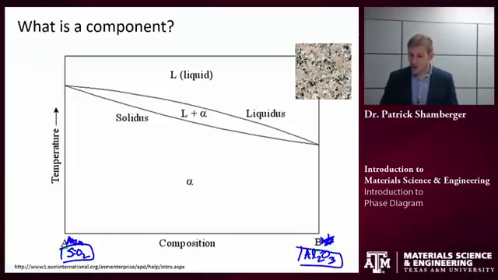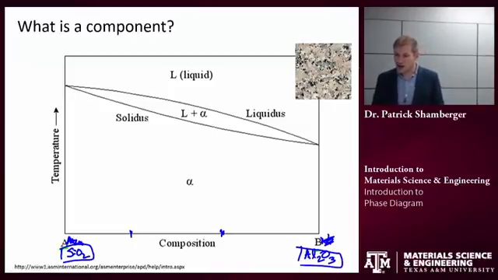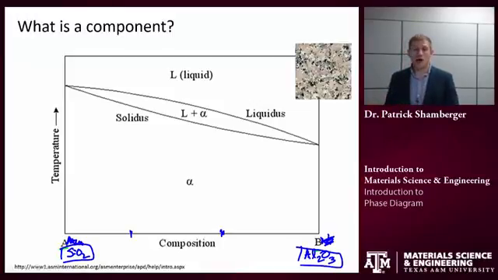All of the compositions in the middle are some mixture of SiO2 and Al2O3. So oftentimes, we like to break it down as simply as possible. You'll either see atomic components or some sort of simple molecular compound. Oftentimes oxides are broken down into their individual oxide components. So when you think about component, think about chemical constituents.